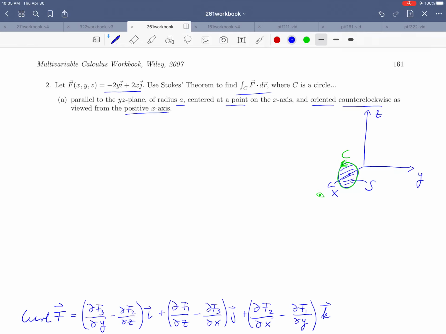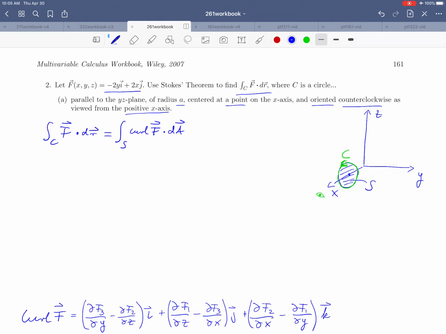So this is what we're looking at. They are asking us to compute a line integral of F dot dr. But they're also telling us to use Stokes' Theorem. Stokes' Theorem says that instead of a line integral, you can compute a flux integral over a surface S of the curl of F dA.